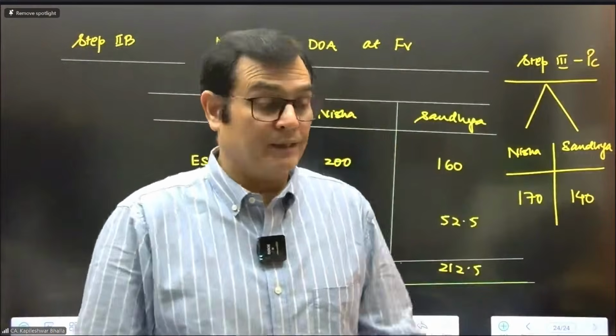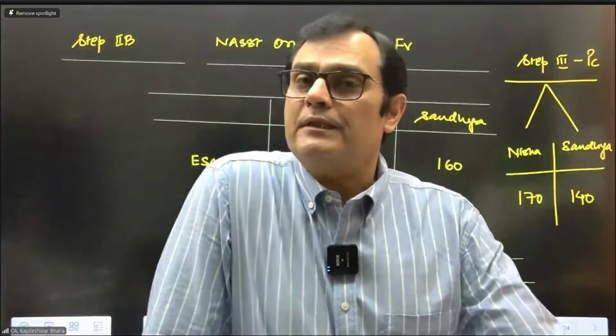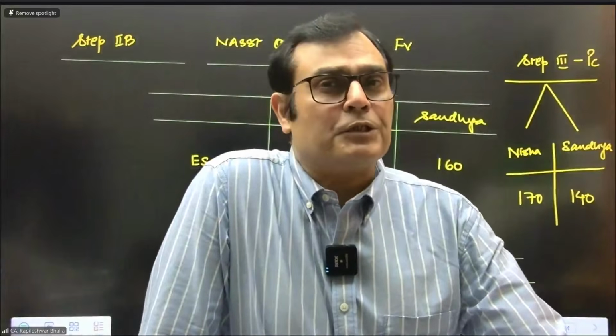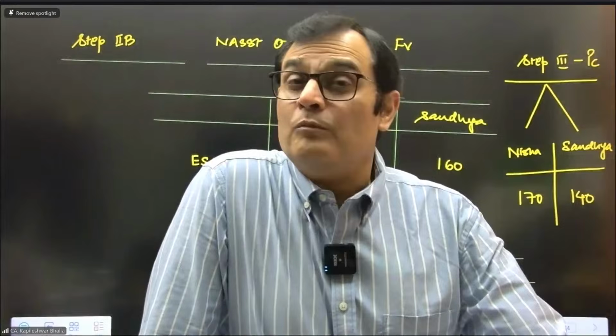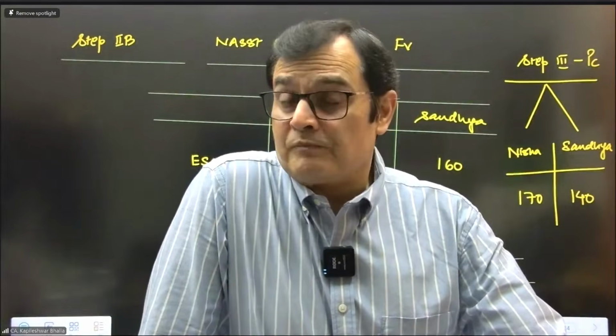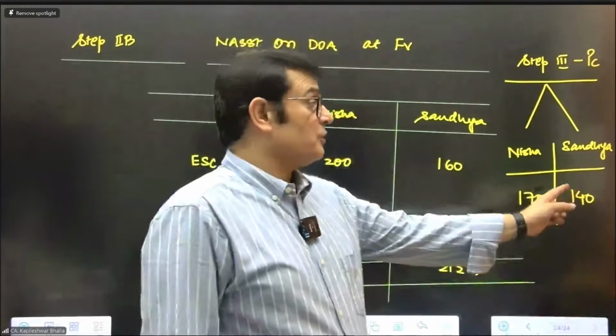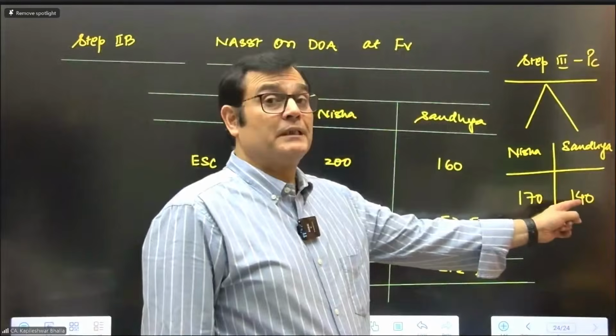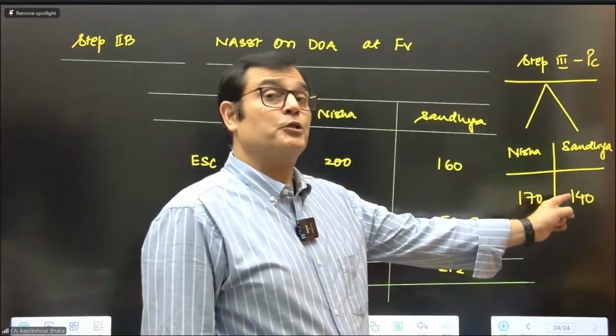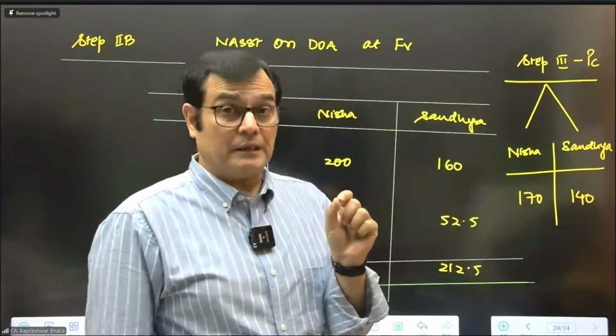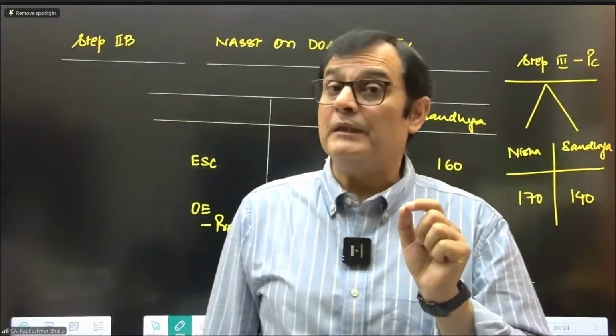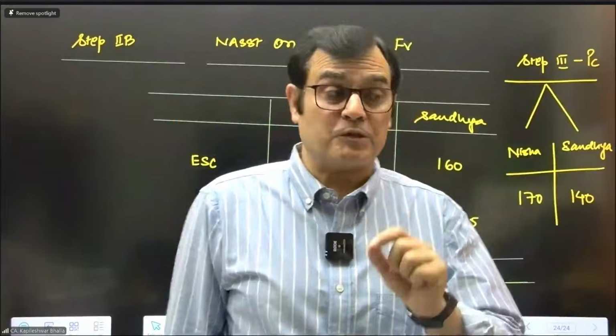But the crucial point here is we are doing the consolidation all from Usha's perspective. So this is the cost of acquisition which the middle company, that is Nisha, paid to Sandhya. But we need to see what the cost is from the top company Usha's perspective.